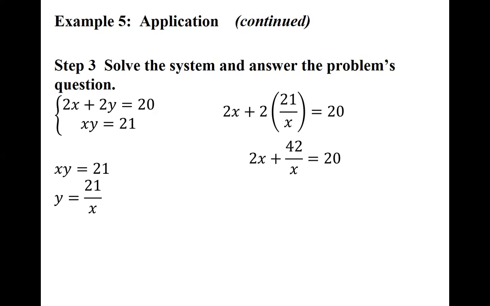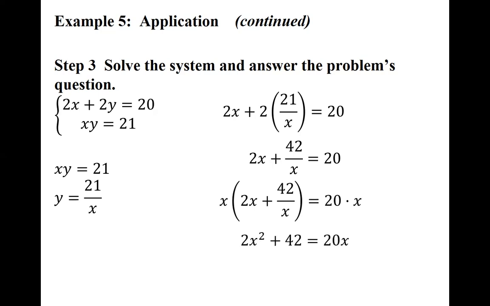We can get rid of the x in the bottom by multiplying by x. So let's multiply both sides of this equation by x. Distribute on the left, 2x squared. Distributing, the x's cancel, leaving us with just plus 42.